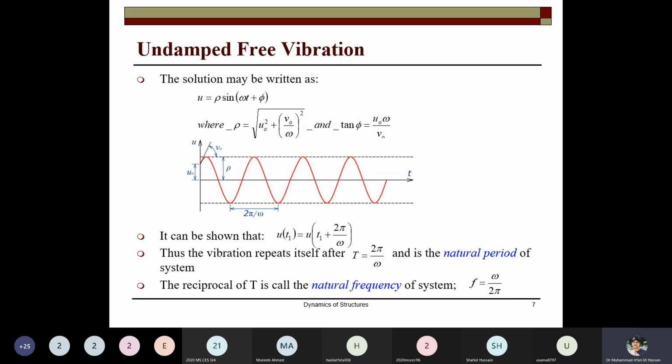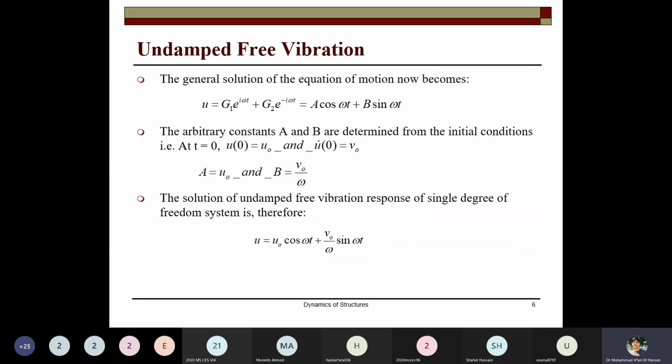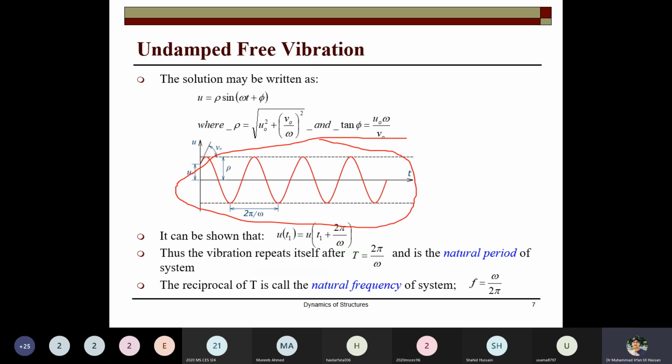Now, in the next phase of the lecture, we will study how to plot the response of the system. I want you to be able to plot the response of the system, U versus T. How can you obtain this response when you have the equation, when you have the U value in terms of time, and you have all the values here? Can you plot the response of the system?